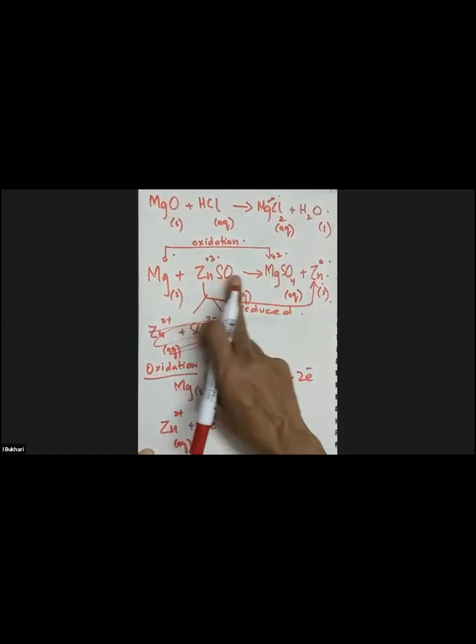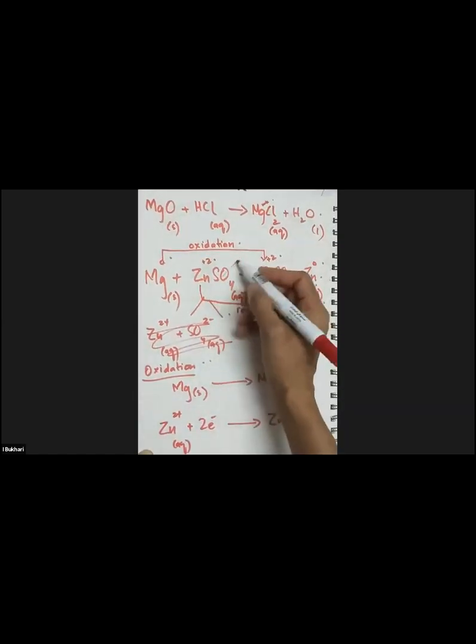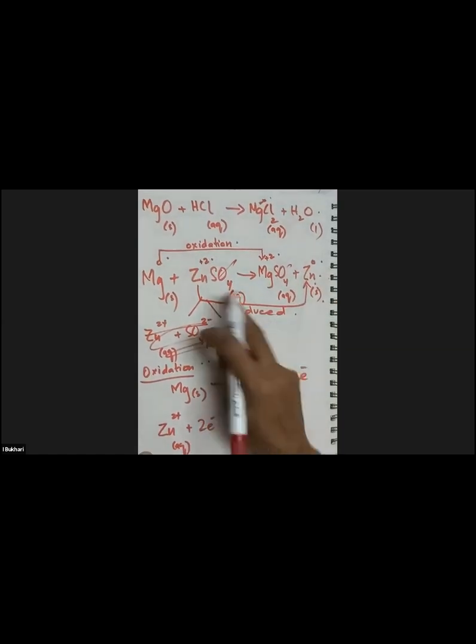Sulfate is unchanged on both sides of the equation, so it's just a spectator ion. Okay, we will not consider sulfate. 2 electrons, 2 electrons.